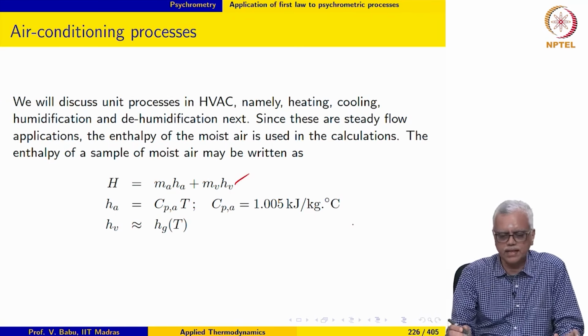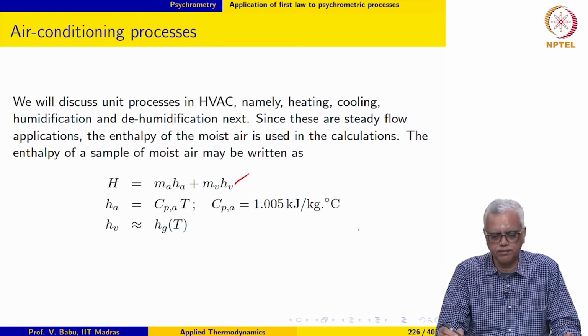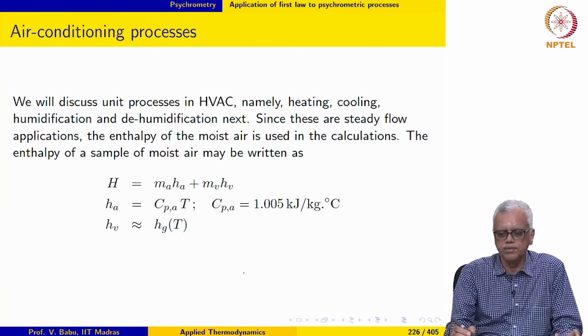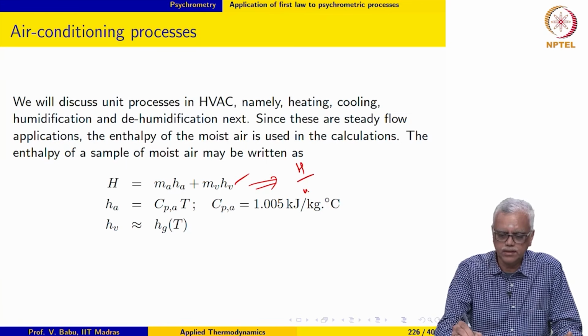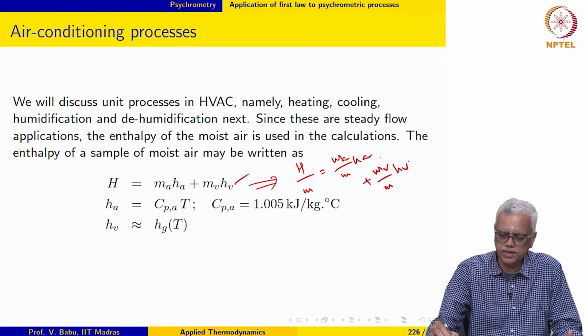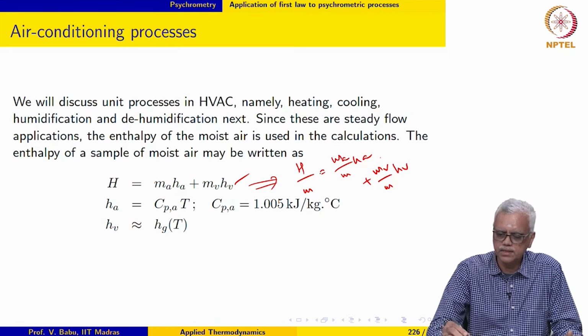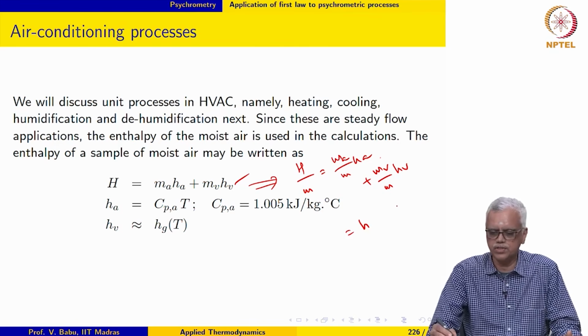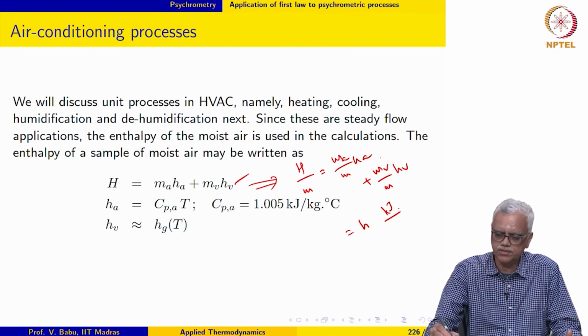This is the enthalpy of the moist air mixture, and if you want specific enthalpy of moist air, then we divide both sides by the mass of the moist air, and we are led to something like this: ma over m times ha plus mv over m times hv. This would be the specific enthalpy of moist air, in units of, say, kilojoule per kg air.